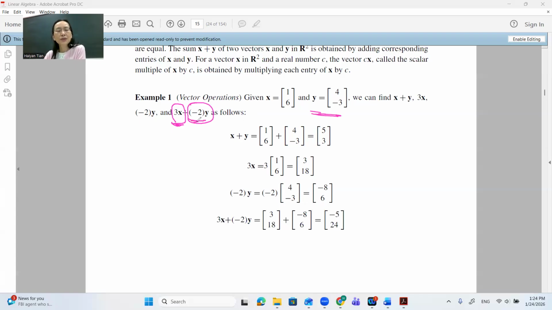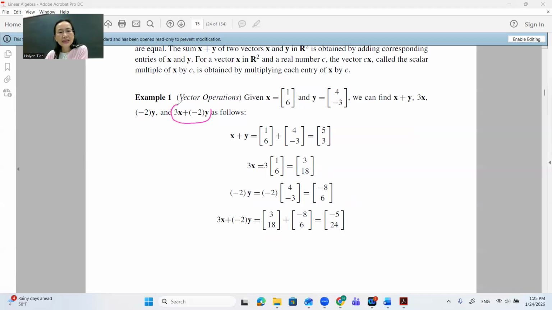So a scalar multiple of y, and then you do an addition, sum. So after this analysis, then we know what to do. So 3 times x, which we know already, negative 2 times y. So we can do each entry of y times negative 2, we get a scalar multiple of y. And then these two vectors, we add them, we get a new vector. So that's negative 5, 24.